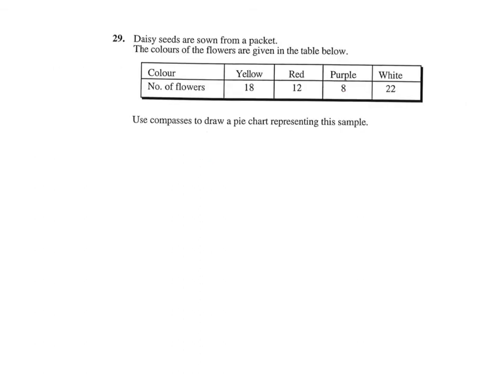First thing to do is to add up all these numbers. So 18 and 12 is 30. 38, 40, 50, that's 60. So for yellow, we've got 18 out of 60 times 360 degrees, which is 6 times 18 is 108.